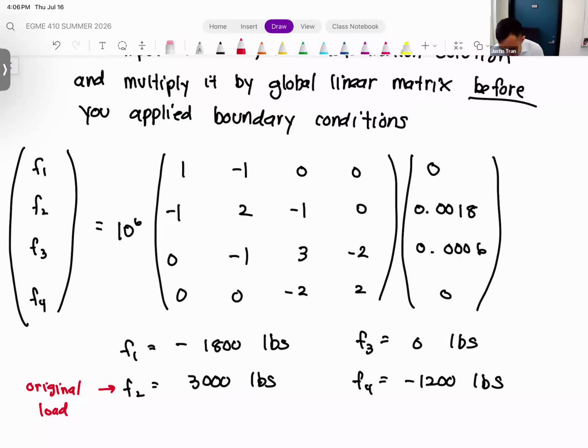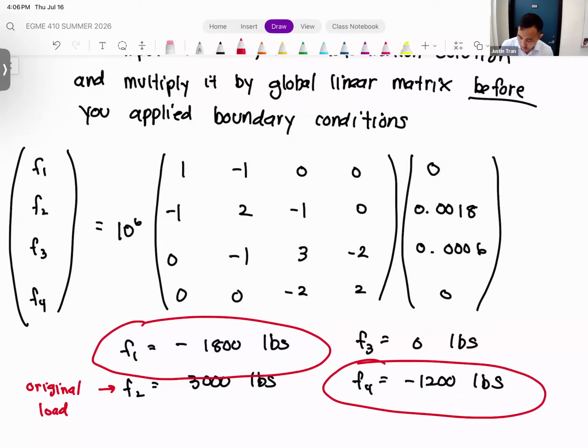But the interesting parts here are F1 and F4, because remember, these are the nodes where we applied our fixed constraint.